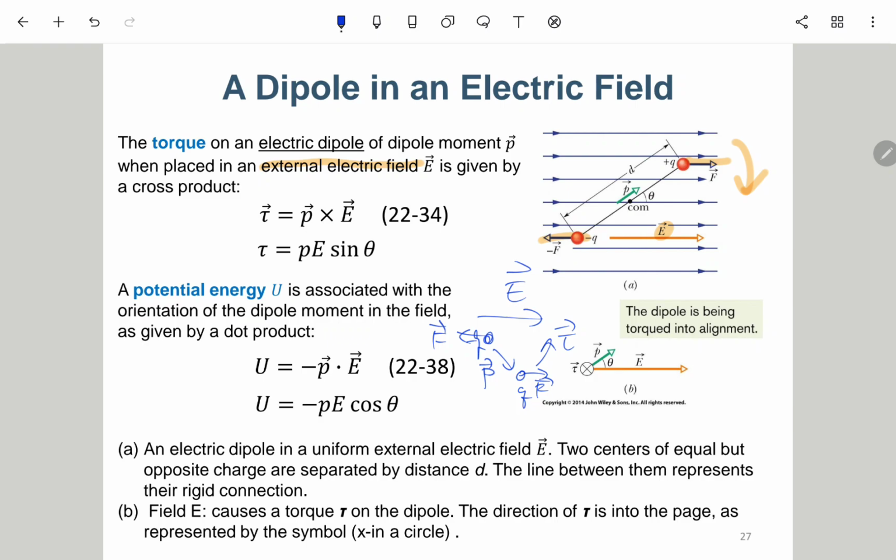It will go back and forth like this, just like a single pendulum. If you hold the ball like this, it will swing back and forth. So similar for this case.